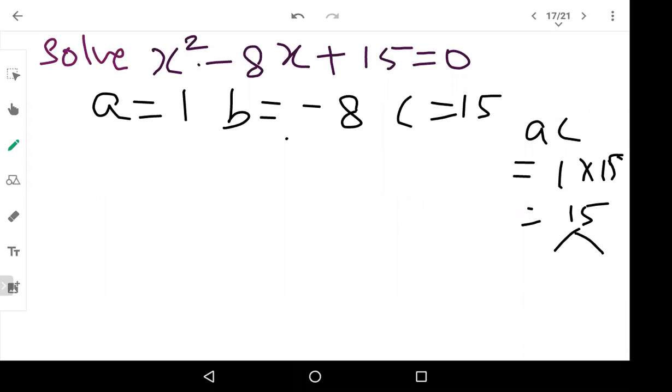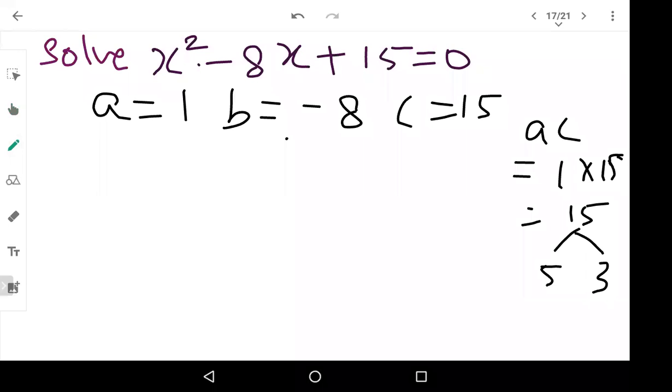5 into 3. Now you should get minus 8. So to get minus 8, 5 and 3 should be added. But if you add plus and plus, you will not get it. No, Aishwarya, there's a little confusion. Punit, you're correct. Be careful with the signs.